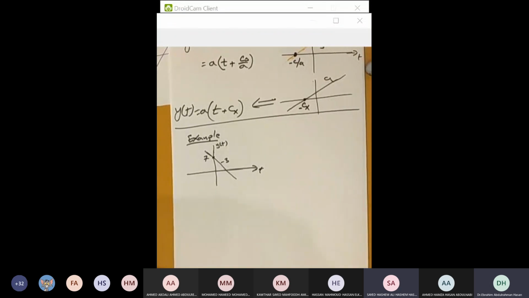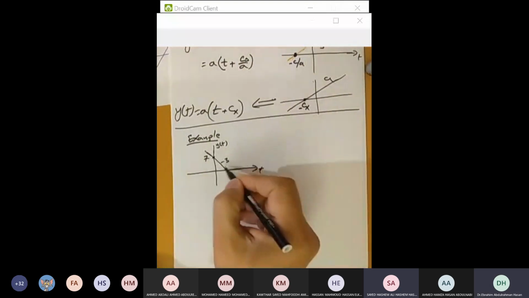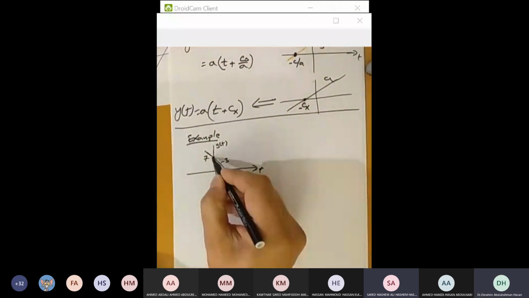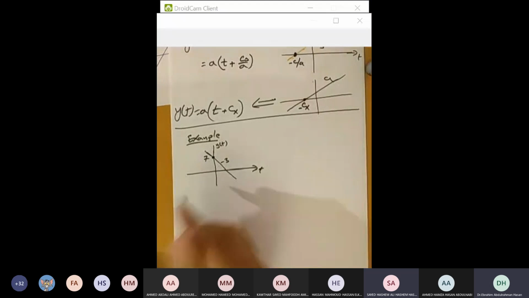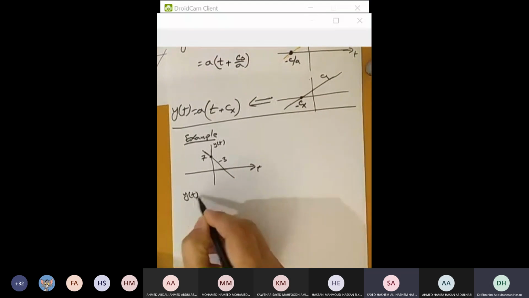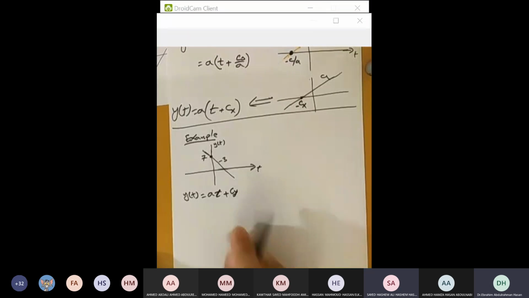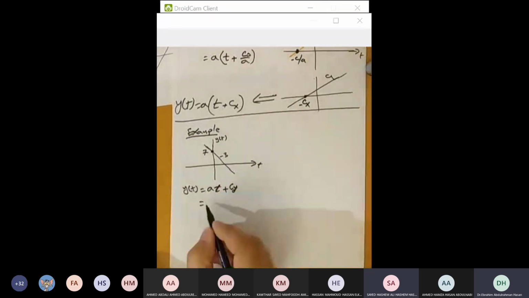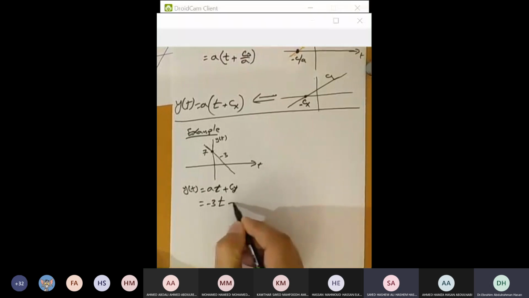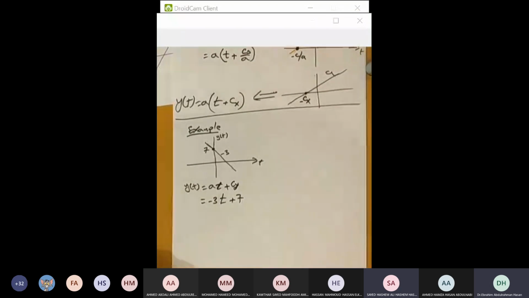So for this, directly, since I have slope and I have y-intercept, then use this formula, a t plus cy, which is equal to minus 3t plus 7.